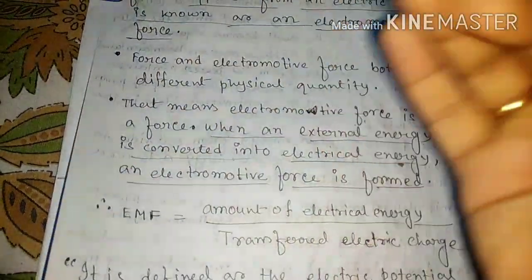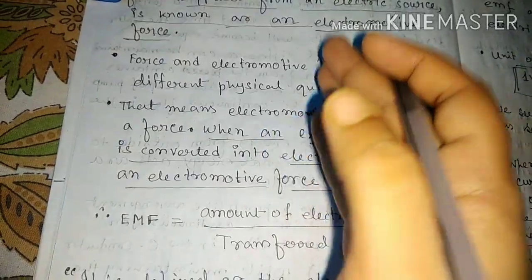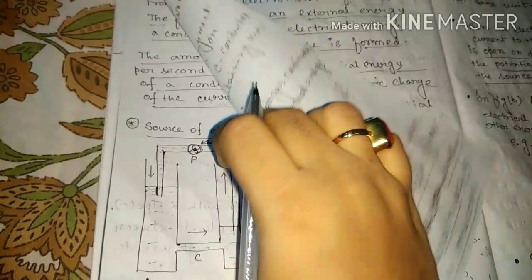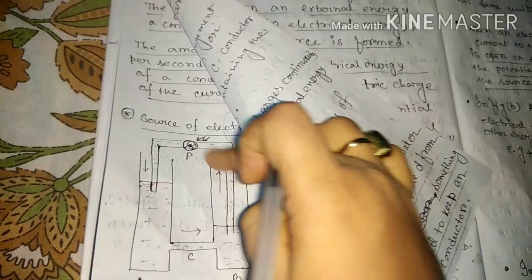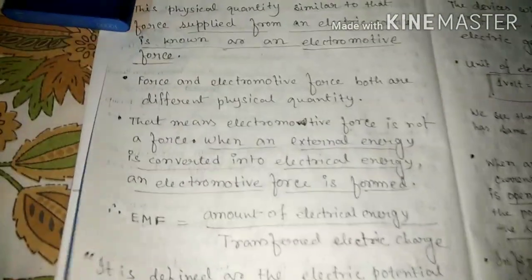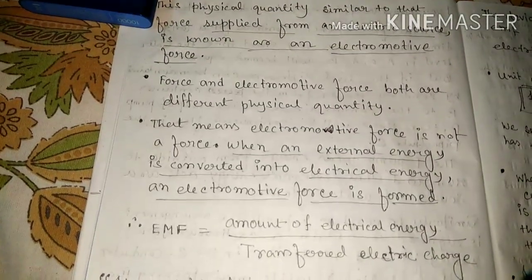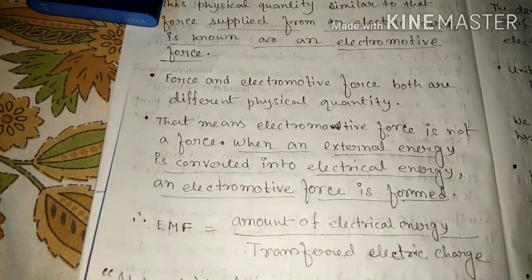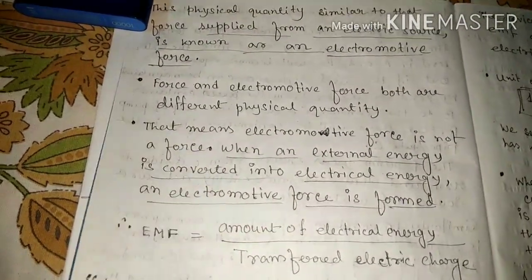Force means pressure: P equals F by A, so F equals pressure into area. In the first figure, the water diagram, we apply a force on the pump, and that's why the pump sends water from B to A. But in the second figure, the physical quantity similar to that force is applied on the pump-like structure from an electric source, because we need an electric charge, so the source must also be an electric source.